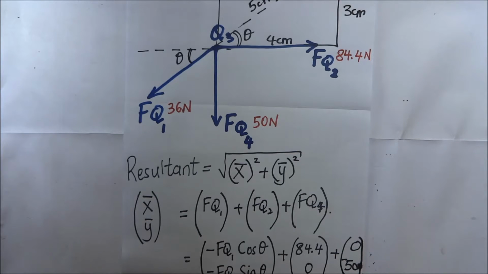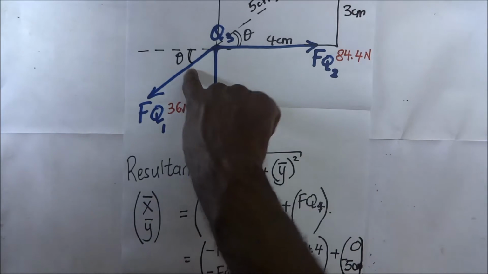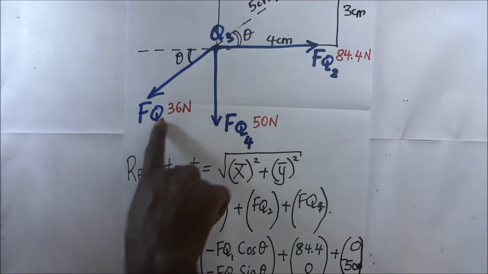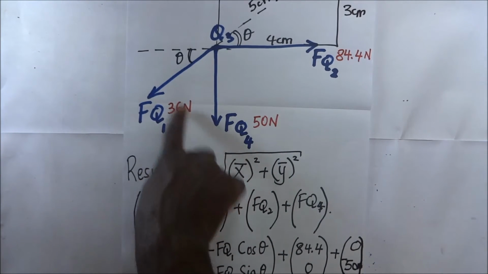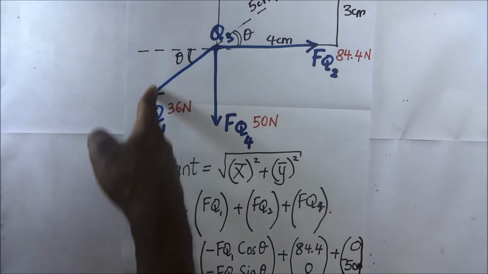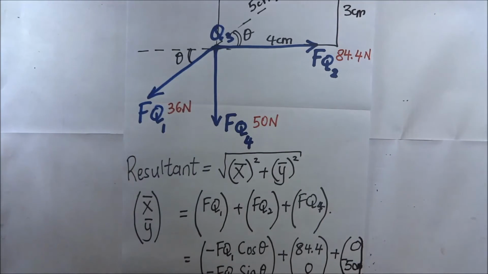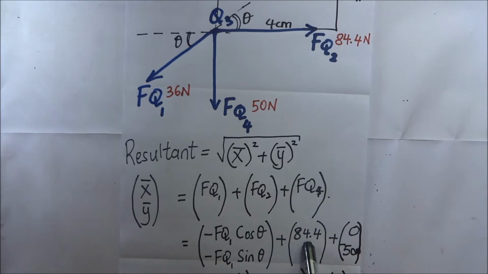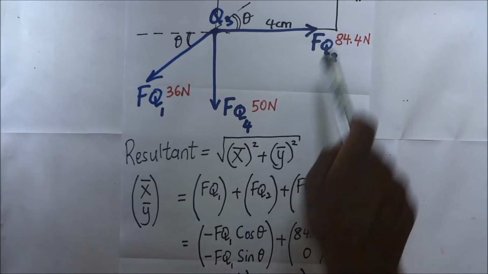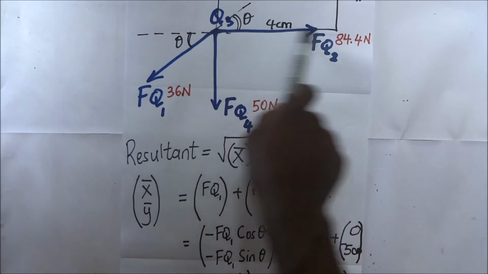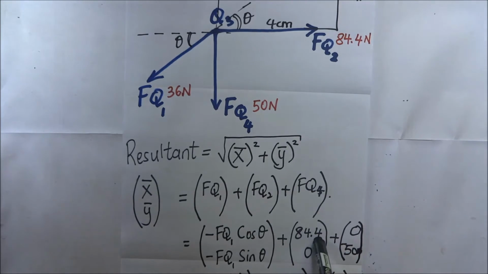Resolving it in the y direction, we are resolving it along this direction. It is negative, and so it's going to be FQ, that is 36, times the sine of this angle to get the component in the y direction, which is that. Then we go ahead, this is going to be plus FQ2. FQ2 has only the component in the x direction, in the positive x direction, so it is positive 84.4.